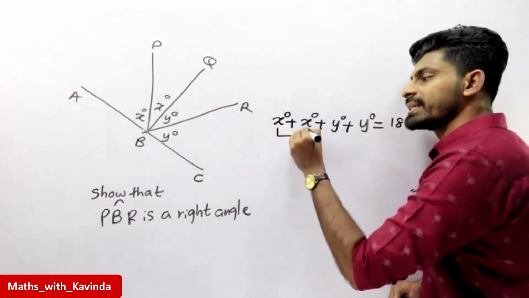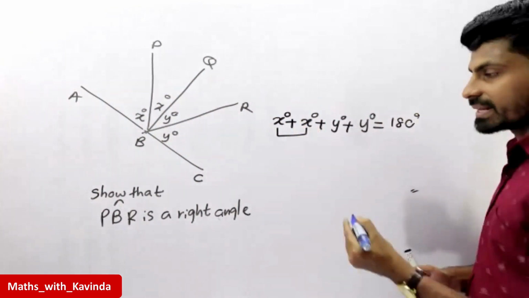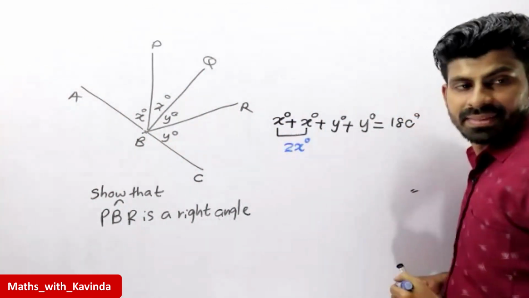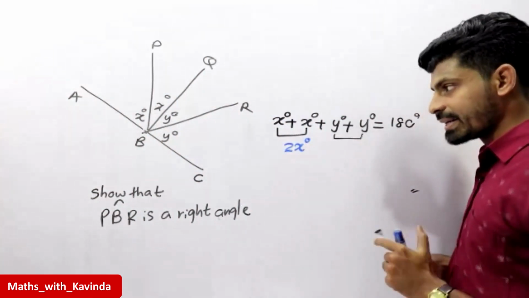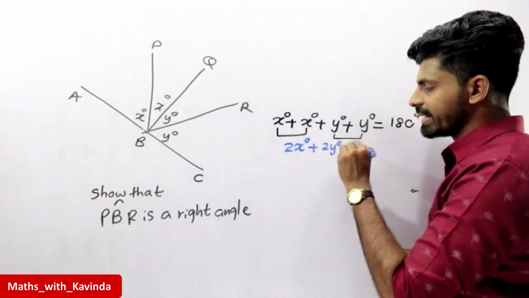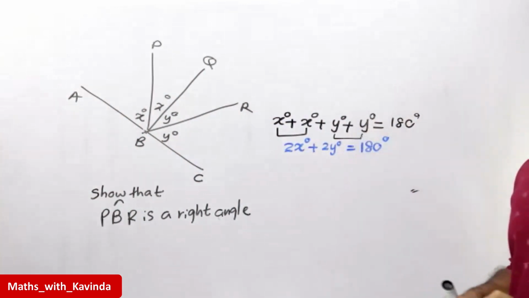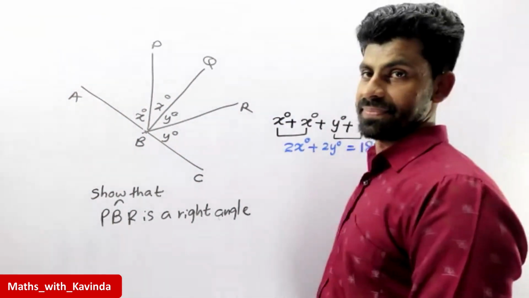Now x plus x is 2x, and y plus y is 2y. So 2x plus 2y equals 180.